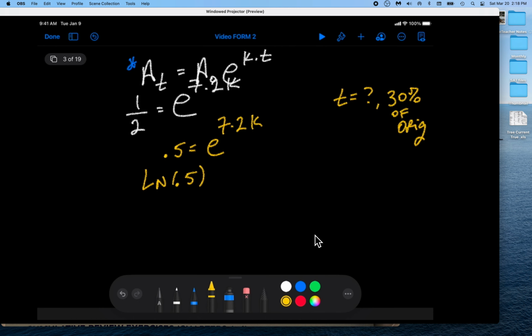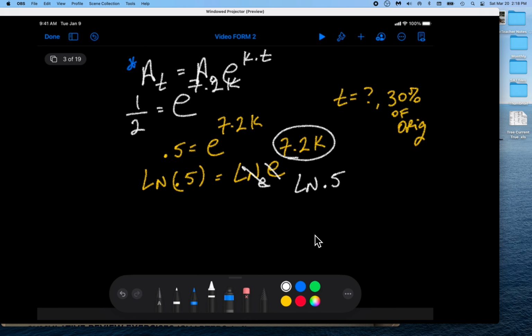We're going to take natural log, not regular log, because we have e. We're going to take advantage of the fact that this cancels. We're going to be left with this. We're going to get the ln of 0.5, calculator friendly, equals 7.2K.